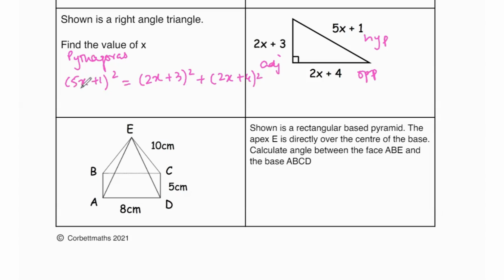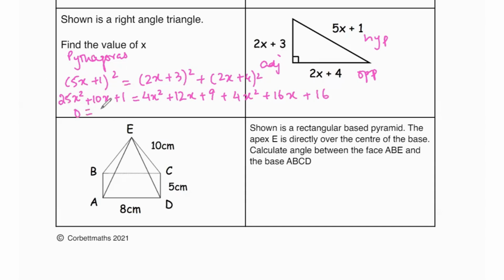So now expand the bracket. So this is going to be 25x squared plus 10x plus 1 equals 4x squared plus 12x plus 9 plus 4x squared plus 16x plus 16. Let's collect everything on one side.